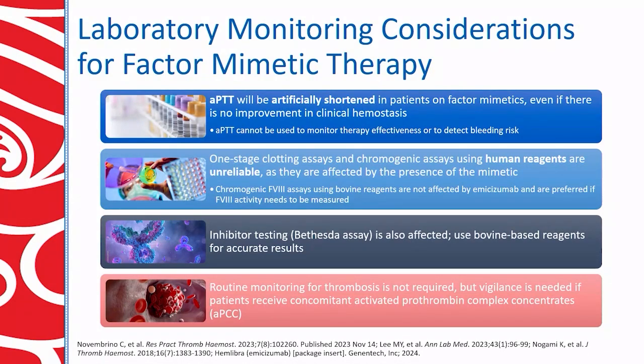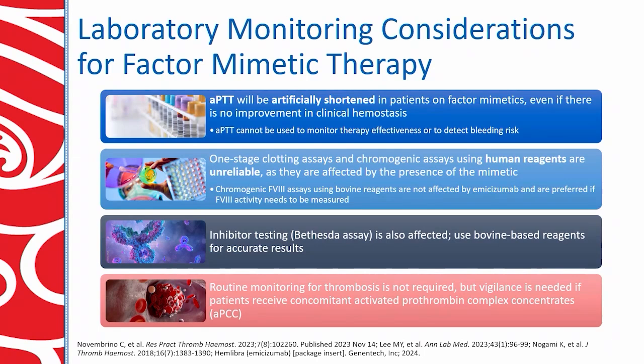And as I said, laboratory monitoring is something that becomes really complex here. APTT will artificially shorten, but this will not reflect the hemostatic capacity or the clinical effect of this therapy, so it cannot really be used anymore. In addition to the one-stage clotting assays, chromogenic assays are also not really reliable, especially if you use human reagents.